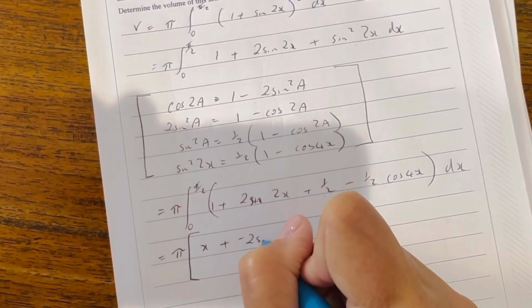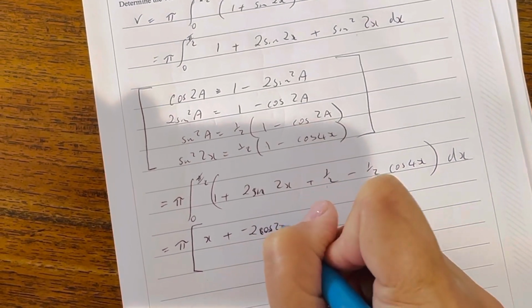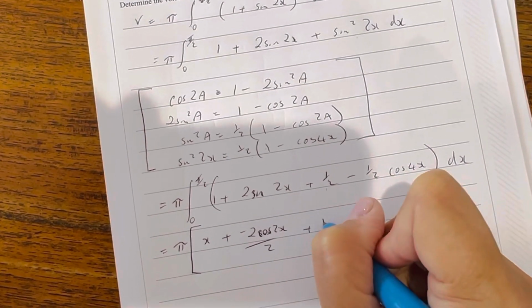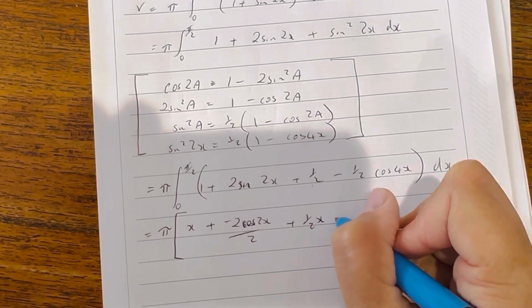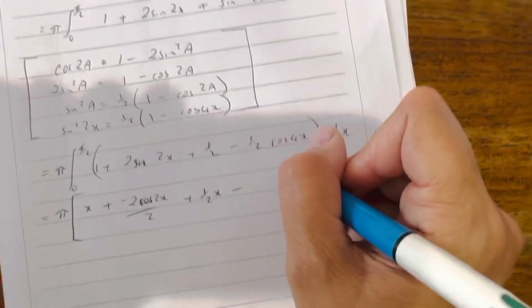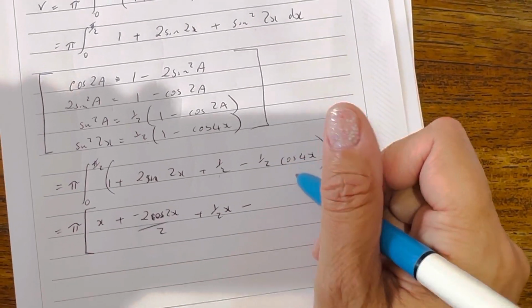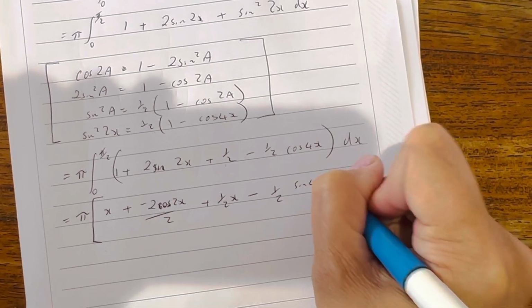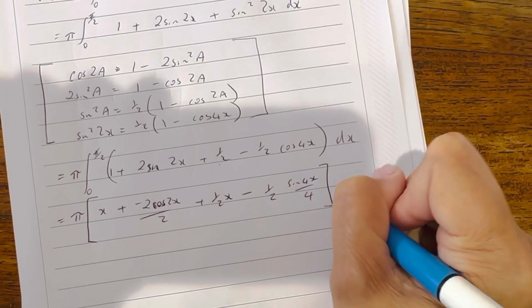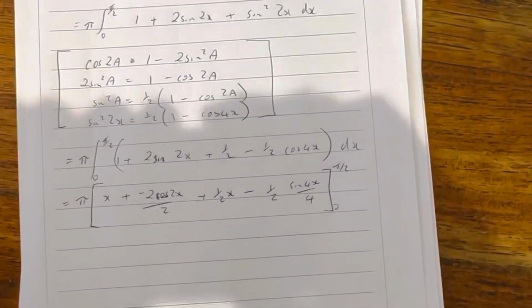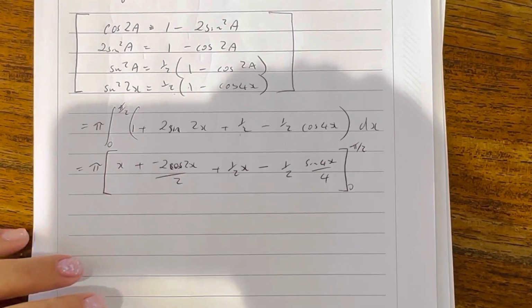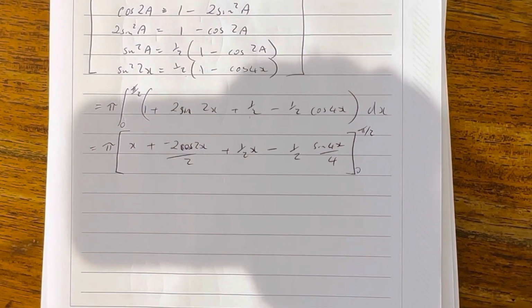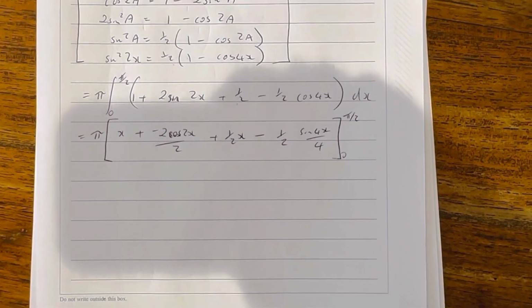So it's negative 2 cos 2x over 2, plus a half x. Cos goes to sine, so that'll be a half sine 4x on 4, between 0 and pi on 2. Just making sure we've got our negatives correct for our coses and our sines.